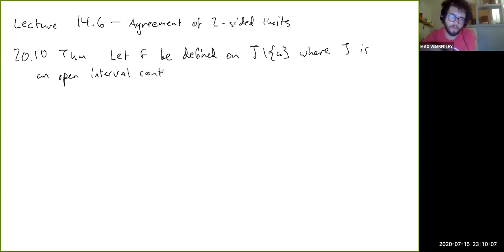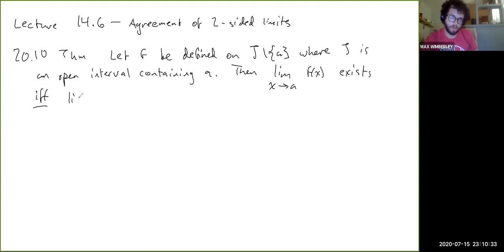Then the two-sided limit of f of x exists if and only if the two one-sided limits exist.